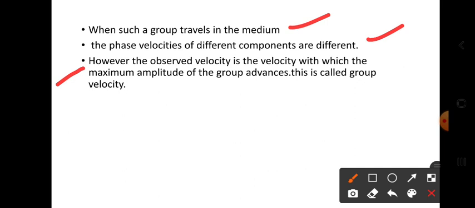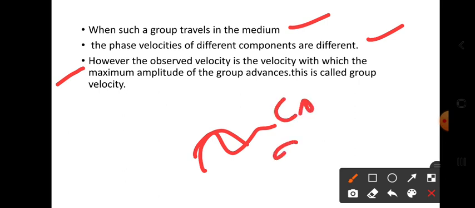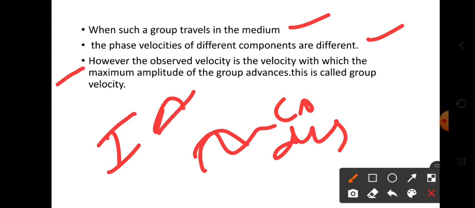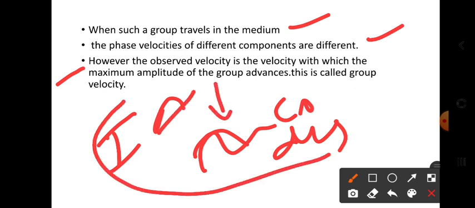Some of them superimpose and form interference, constructive and destructive interference. Sometimes the amplitude increases and sometimes it decreases. So the velocity of the group of all the waves we simply call group velocity, right?